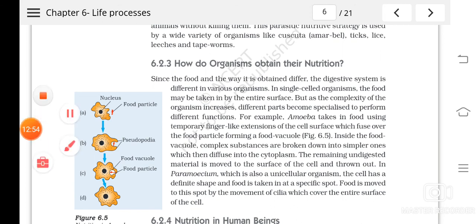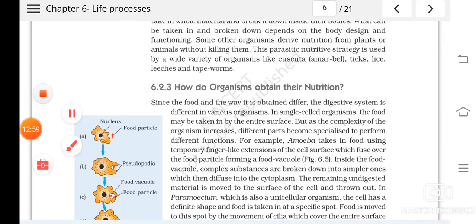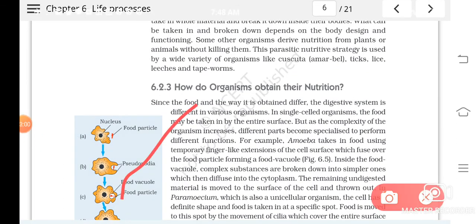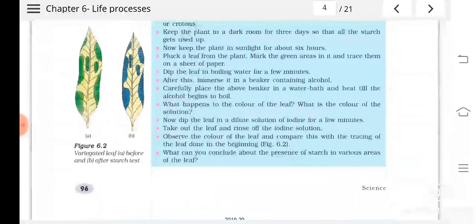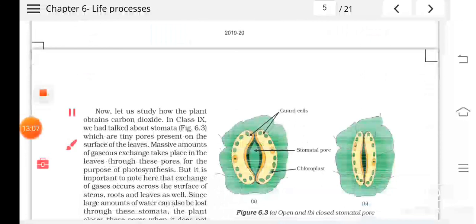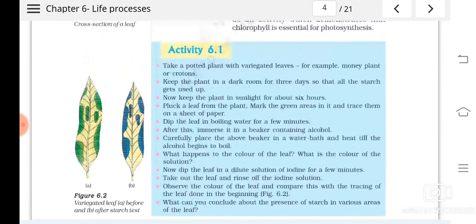So this is very clear now. You will have to draw this diagram and study this also, the nutrition in amoeba. Also you have to learn this diagram. Draw these diagrams in your copy also, when I give notes, so that it will be easy for you to learn.